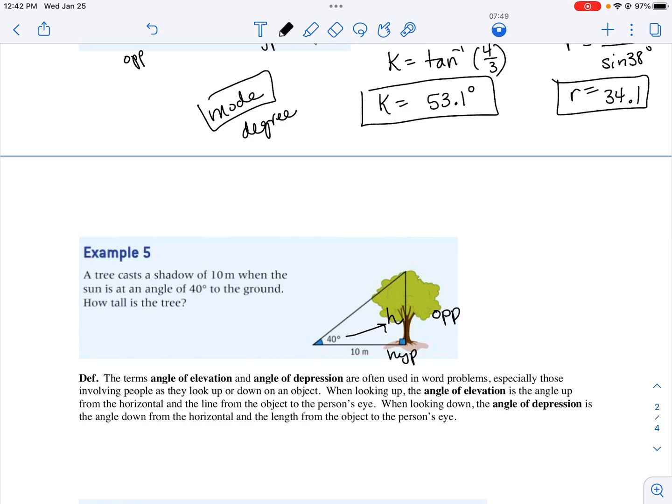What trig function would I use? Well, that's going to be the tangent. The tangent of 40 degrees is h over 10. Multiply both sides by 10 and tell me what you get for h. In word problems, make sure you're including your units. I got 8.39 meters.